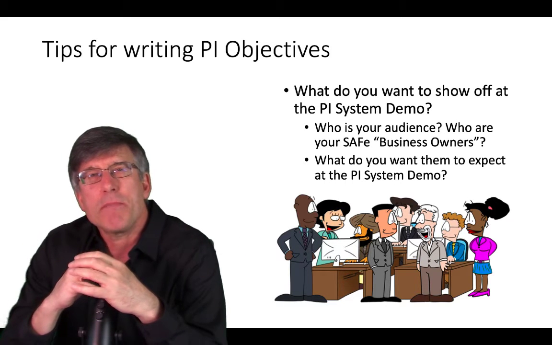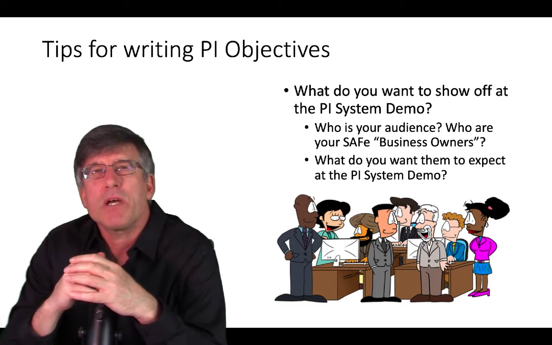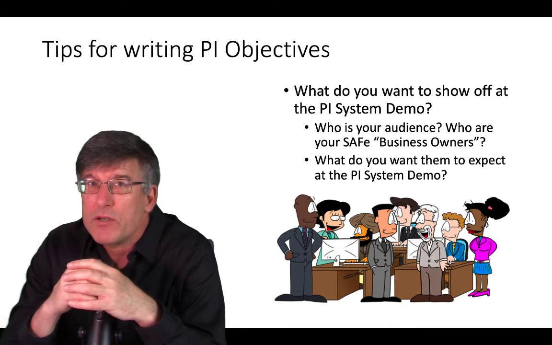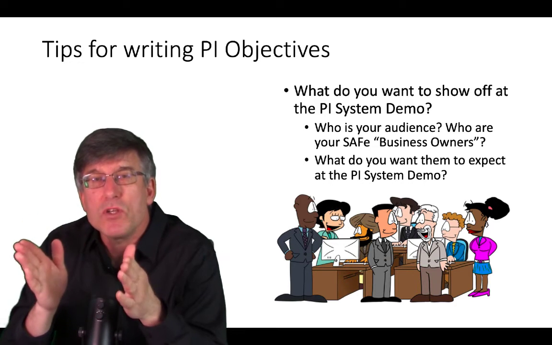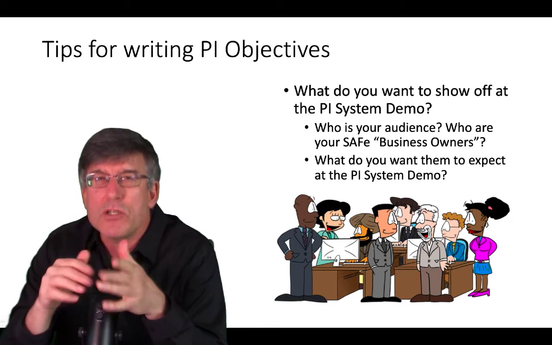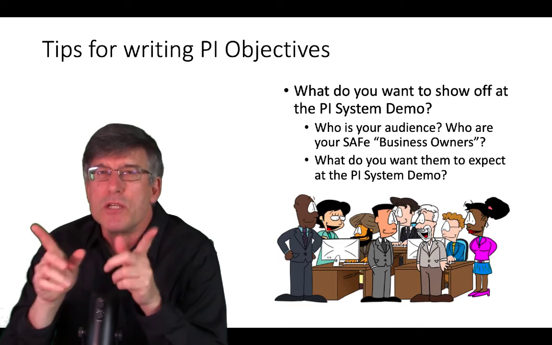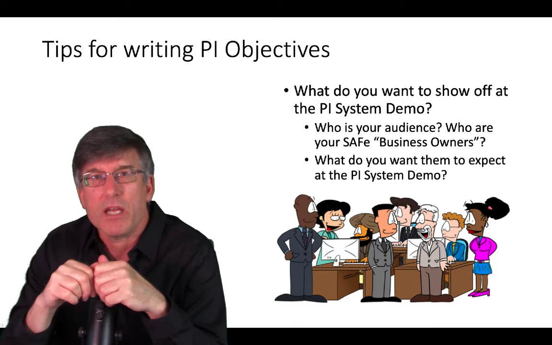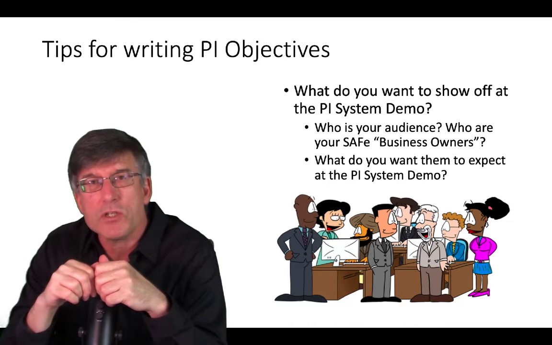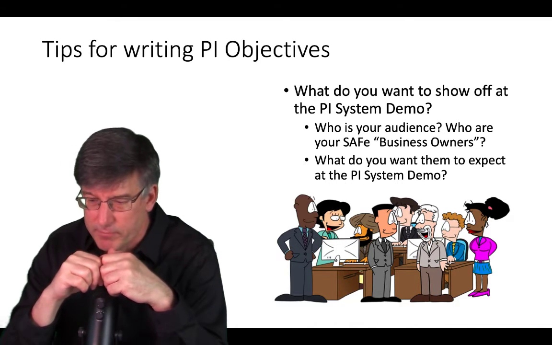They may be deeply immersed in the domain, but they do not necessarily fully understand the technical details. So you basically have to know the audience and be able to express it, because these are the people who are bankrolling us. These are the people who are going to say, yes, I think what you're doing is valuable. So they need to understand and be aligned with what we're doing.